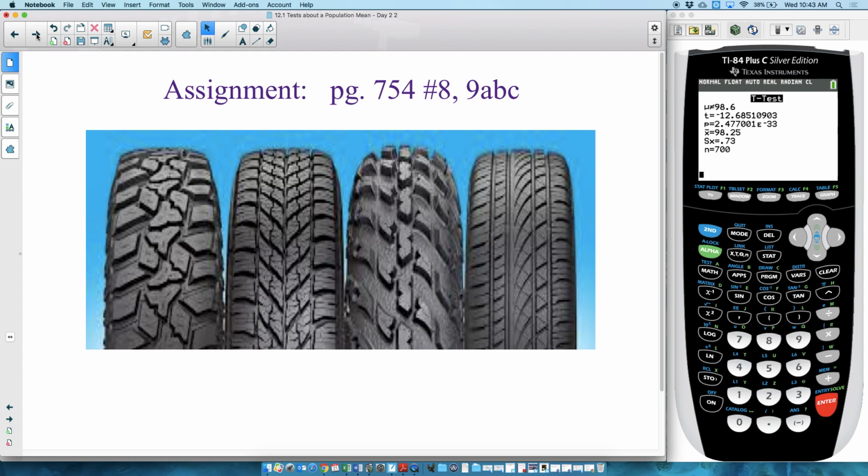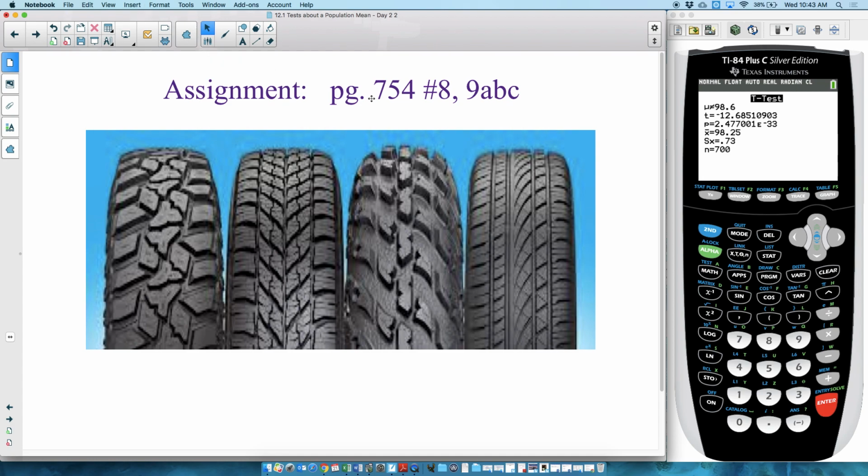Let's do page 745, 1, 2, and 4. And then on page 754, do number 9, A, B, and C.